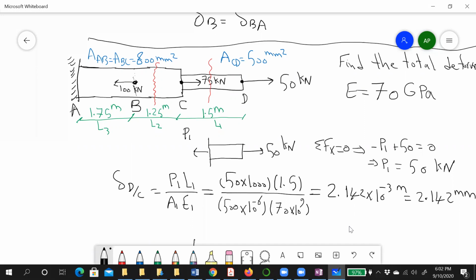Don't be confused about the sum or which point is fixed. Just go segment by segment to find the internal force of that segment.